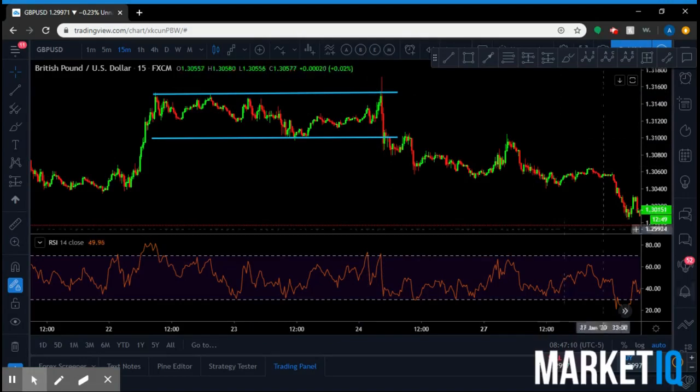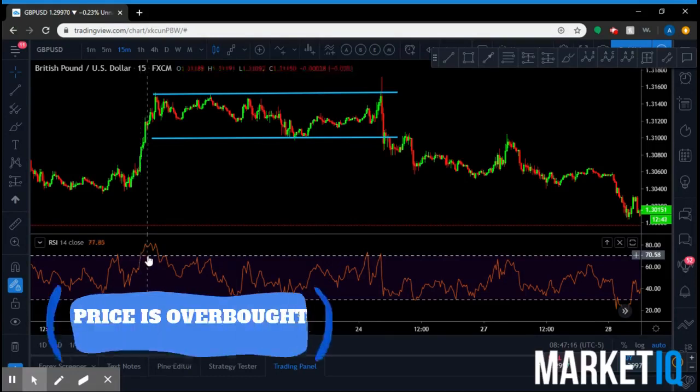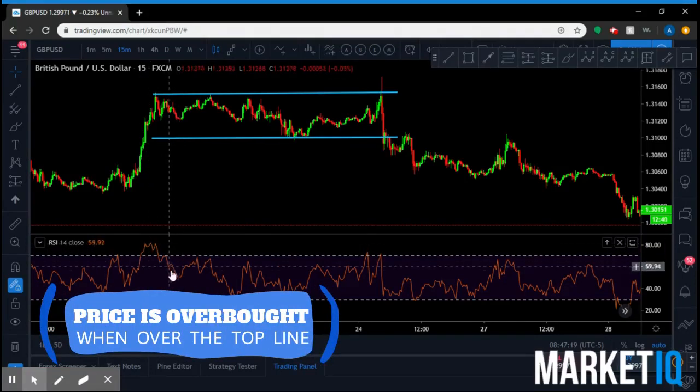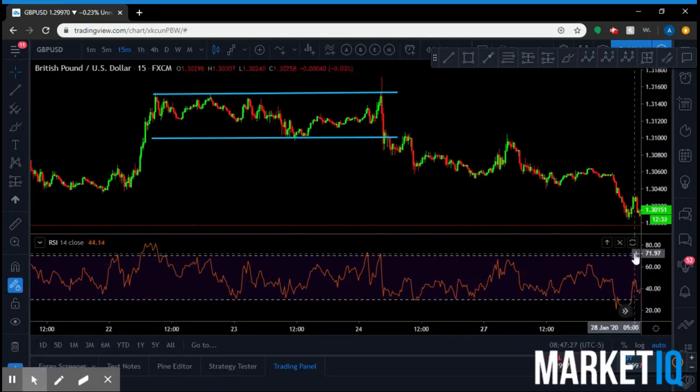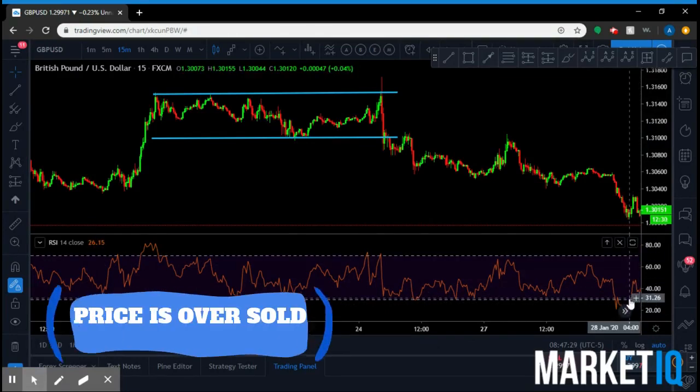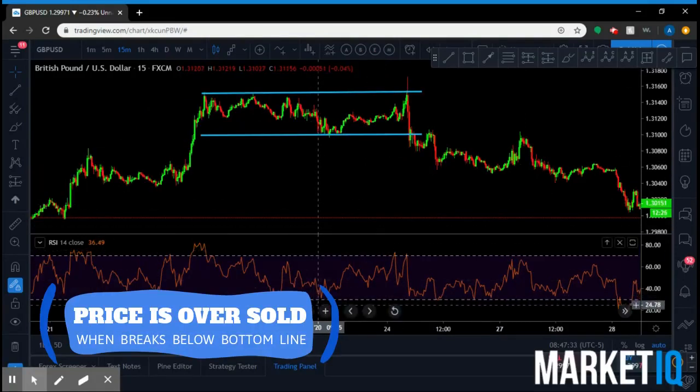Once the relative strength breaks above this 70 mark, it's considered overbought. And once it breaks below this 30 mark right here, you can see the numbers over here, once it breaks below this line, it means that it's oversold.